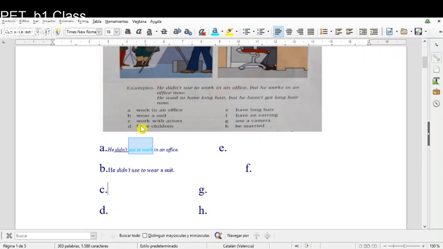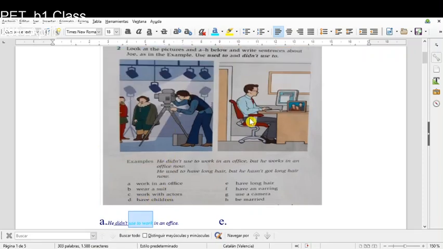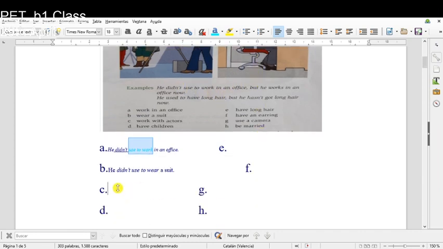Work with actors. It's something from the past, algo que era del pasado y que ahora ya no. Entonces, he, I have to change the number, yeah. He used to, solía work with actors, solía trabajar con actores, ¿vale? ¿Por qué puedo utilizar used to?